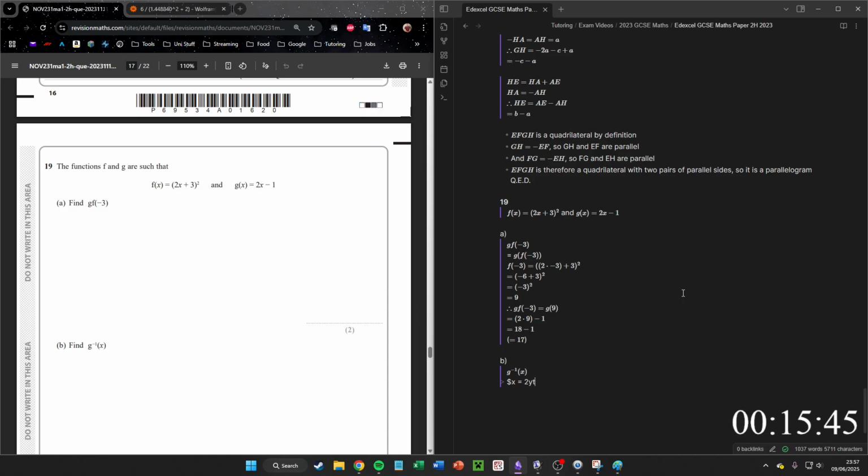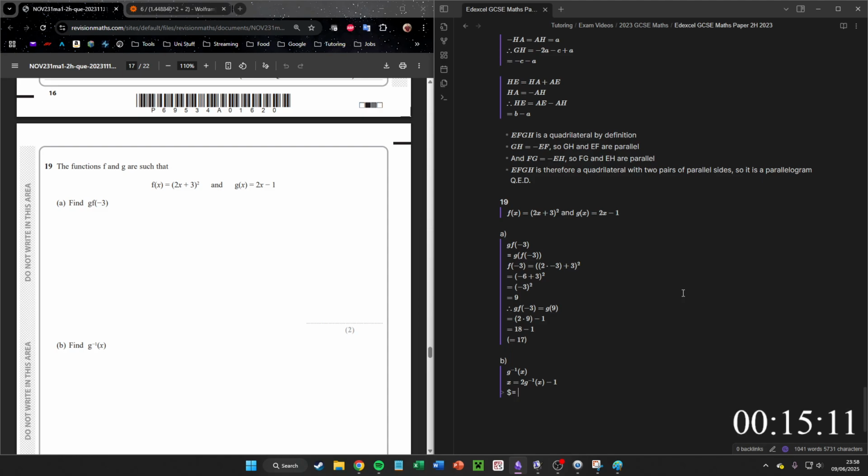We can say x equals 2y minus 1. That's the trick of finding an inverse function. We can just now solve for y.